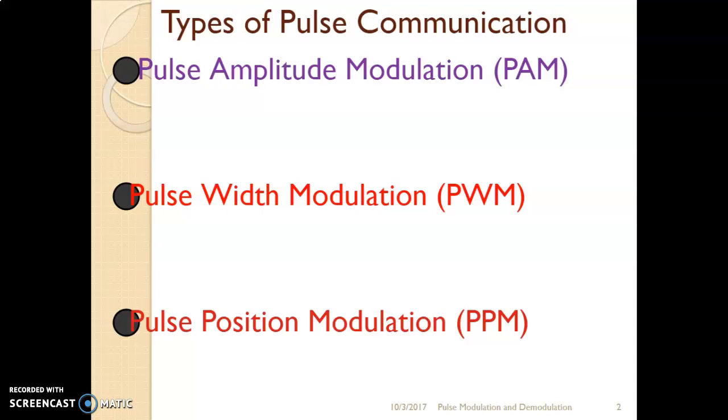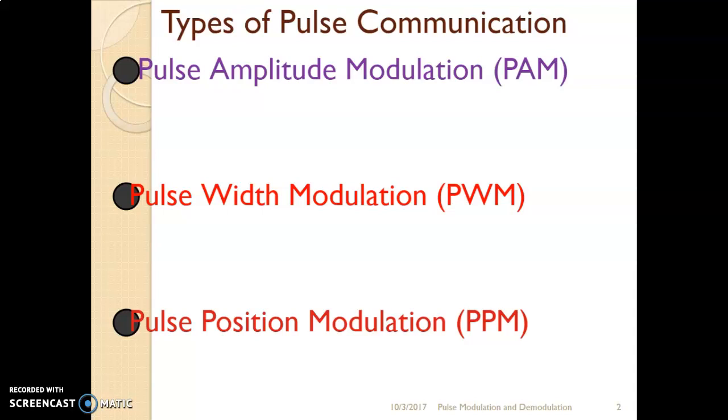We define it based on our information signal. If our information signal is analog, then the modulation technique is called analog modulation. And if the modulating signal is digital, then it is called digital modulation. So in our pulse communication, our modulating signal is still analog.